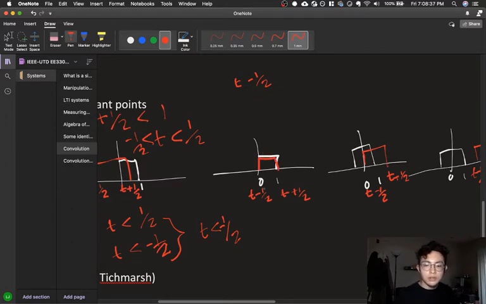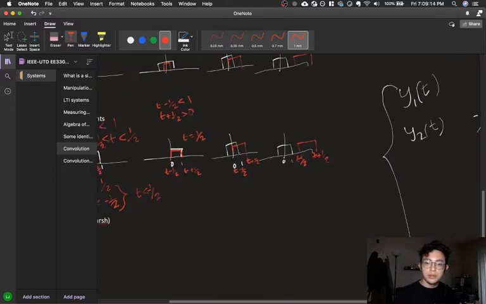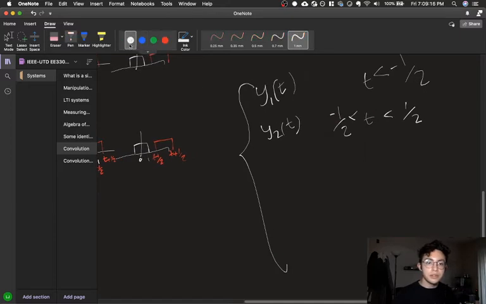So this is t minus 1/2 less than 1, and t plus 1/2 is greater than 0. But wait, it turns out that when t is equal to 1/2, it should be this behavior. So we have t is equal to 1/2.